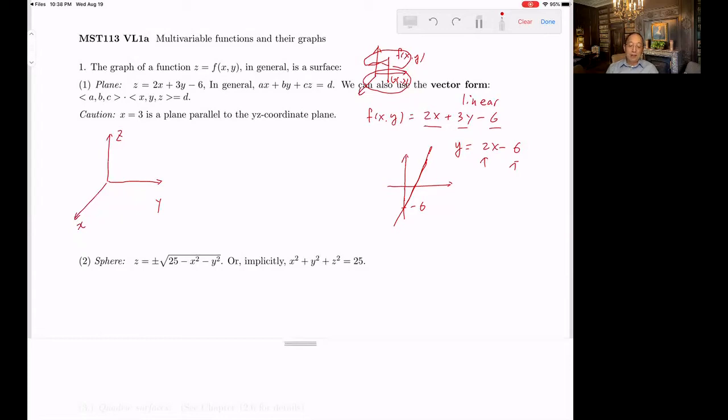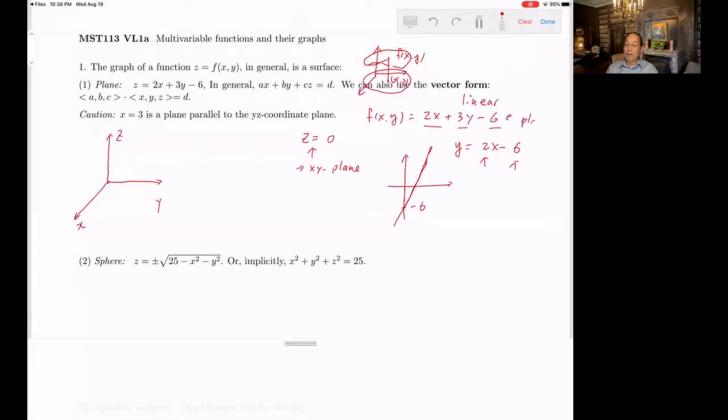Now, let's first look at something simple. For example, suppose we have z is equal to 0. So what is this? Z is equal to 0. That means for all values of x, y, z is 0. And so this is actually the xy plane. So that's why when you have 2x plus 3y minus 6, this is going to be a plane.